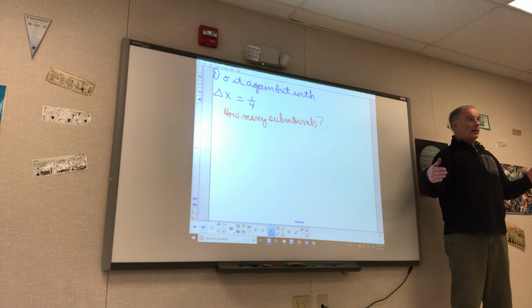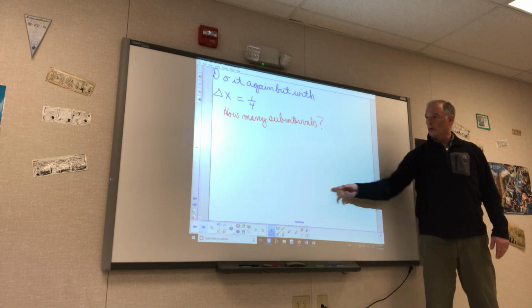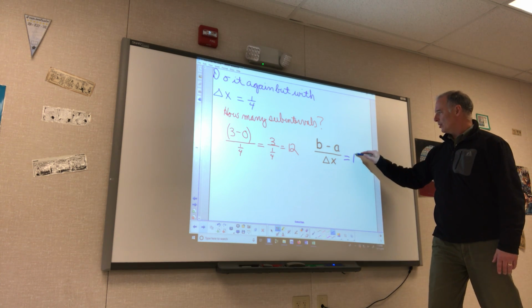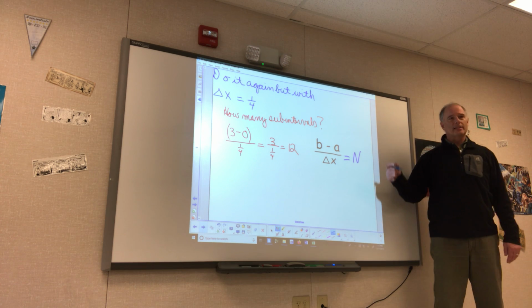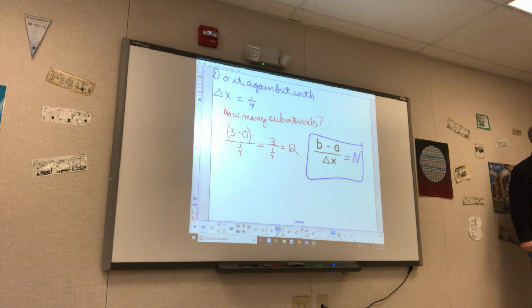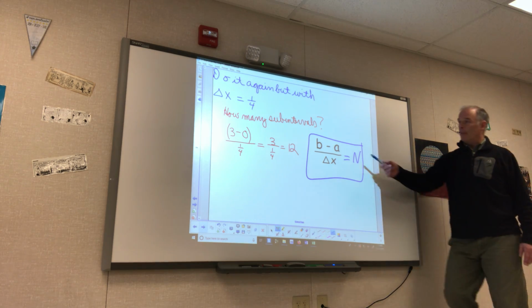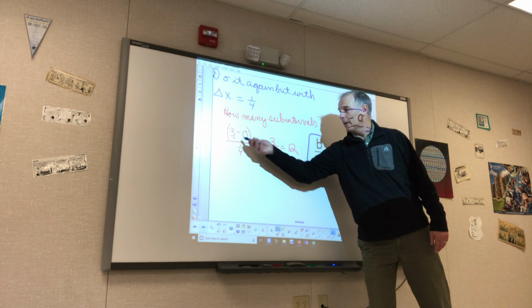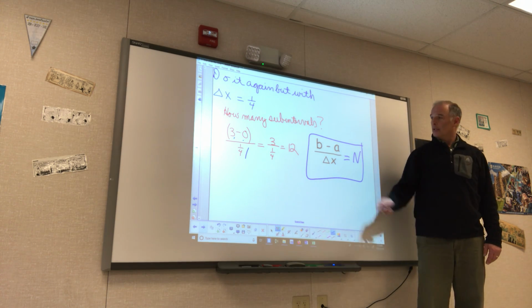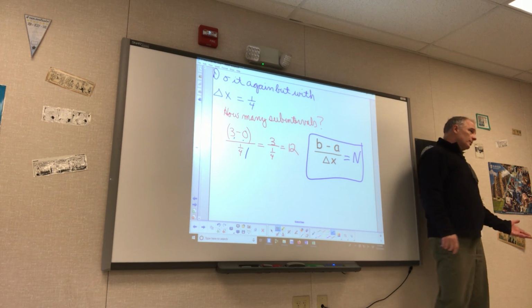On 3 units wide, I'd have a total of 12. What this equation gets you is the number of subdivisions within that interval. So b minus a, in this case 3 minus 0. Each one of them is going to be 1/4 of a unit wide. So 3 divided by 1/4 is 12.